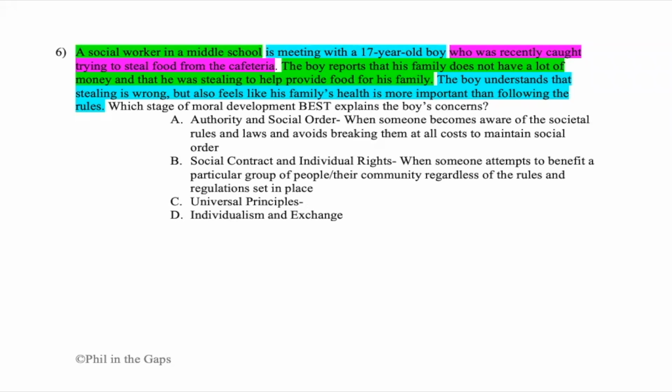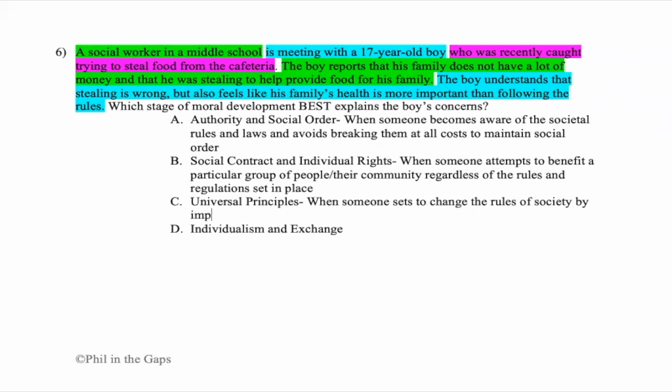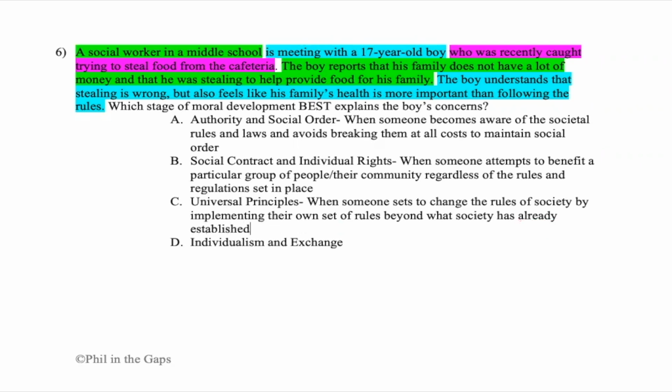C, universal principles, is when someone sets out to change the rules of society by implementing their own set of rules beyond what society has already established.